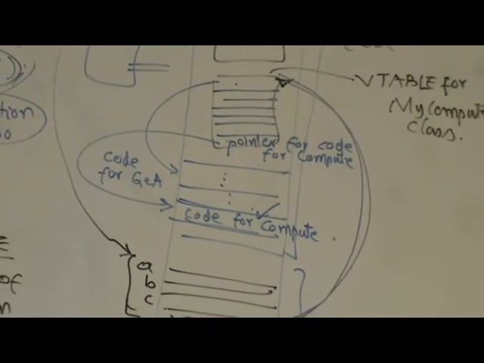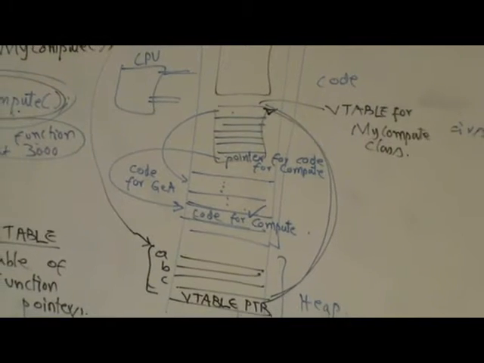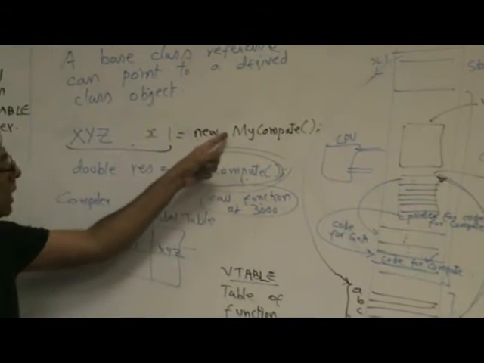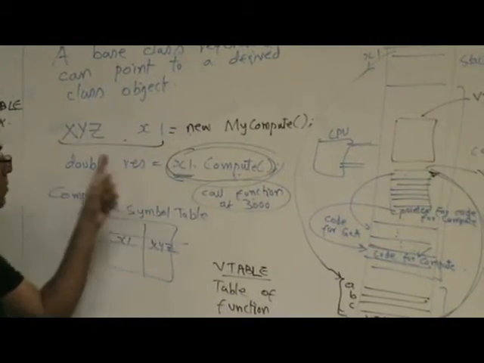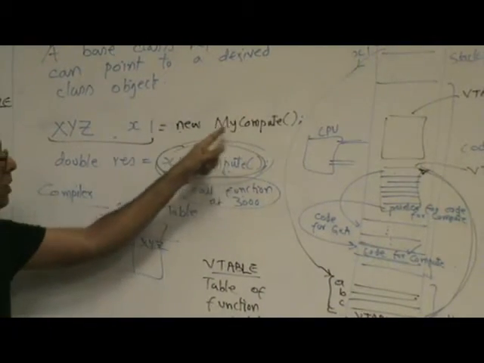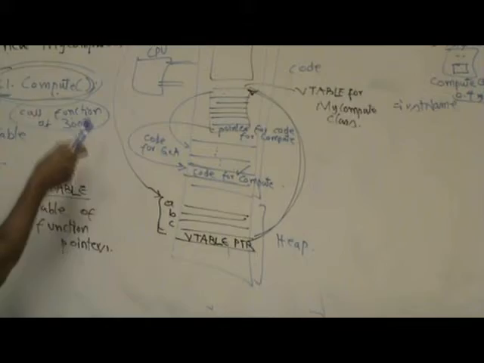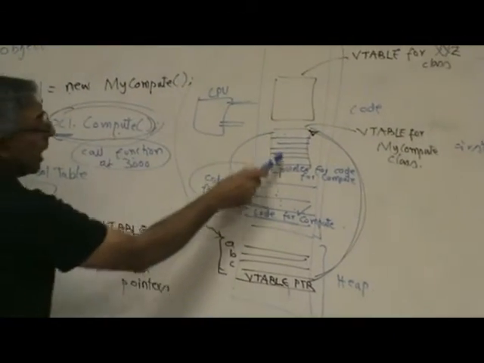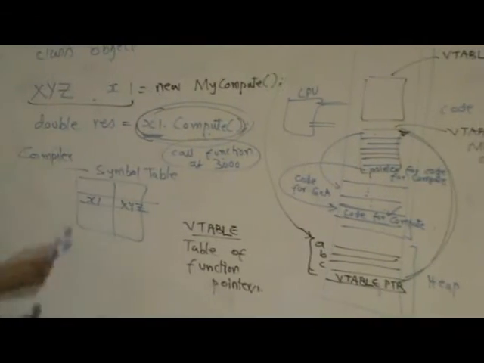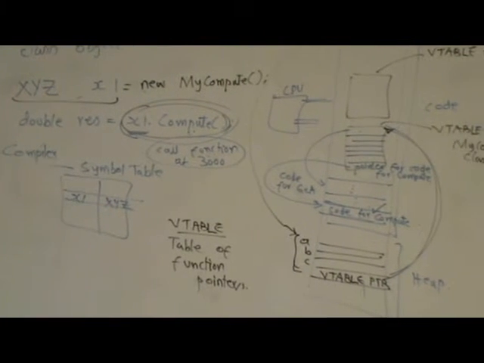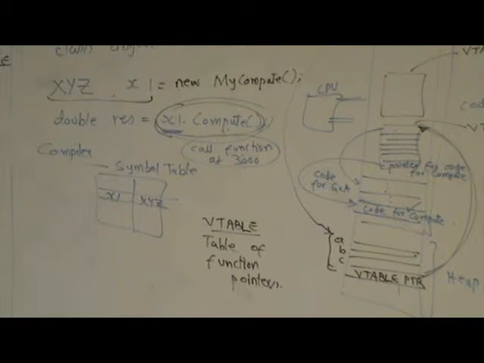So it will be guaranteed now that the call will be made to whatever object we actually allocated, not the one this belongs to, but actually the memory that we allocated. Because once we allocate the memory, the vtable will be pointing to this particular class and not the one that we declared. So that's the idea behind the virtual keyword.